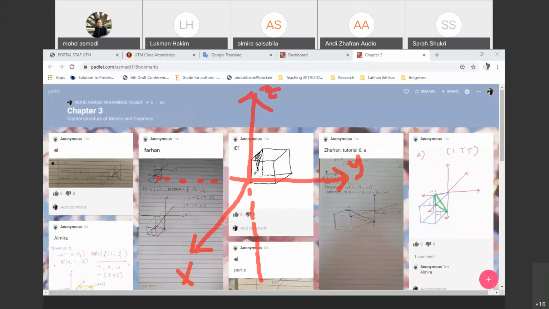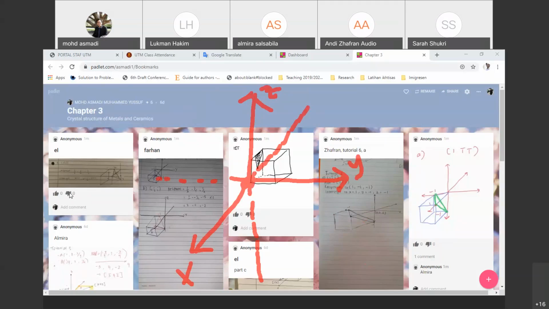This is the origin, so it's 0, 0, 0. Look here, the original block should be here, right? Just sketch the original box or original cube.